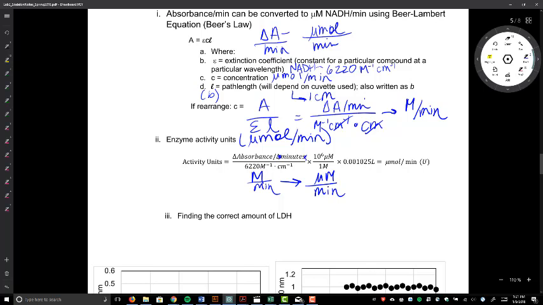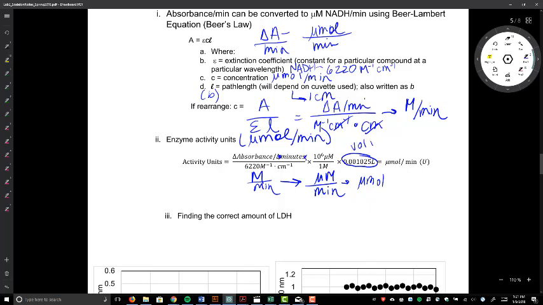Then the next question is, so we have our rate in units of molarity, but enzyme activity is in units of moles or micromoles, not micromolarity. So the last step is to convert to micromoles, and we do that by multiplying by the volume of the reaction.